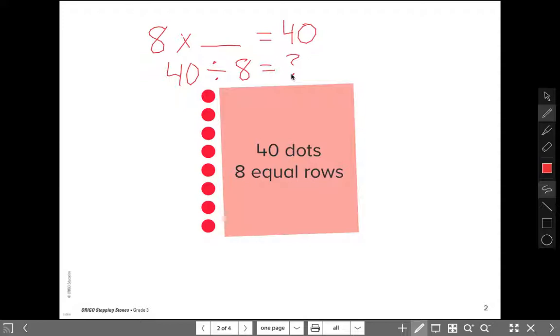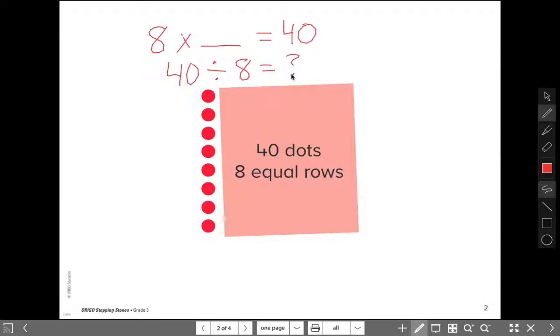Asa? 10. 10 times 8 is 80. Chase. 4. 4 times 8 is 32. Giselle. 8 times 3 is 24.